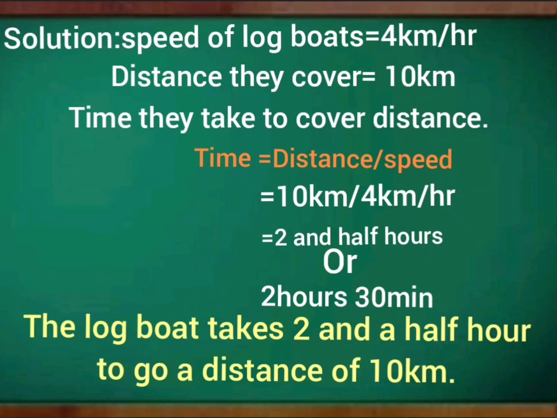We can split this 10 km into 4 plus 4 plus 2. In 4 km the boat will take 1 hour. The next 4 km the boat will take 2 hours in total. And the remaining 2 kilometers the boat will take half an hour. So the log boat takes 2.5 hours to go a distance of 10 km.